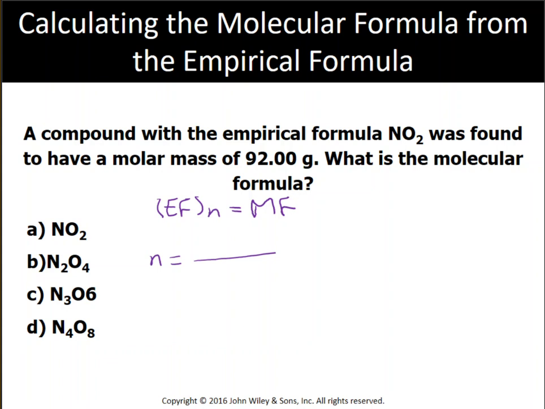N is the molar mass, which is 92 grams, divided by empirical formula mass, which is the mass of one nitrogen plus 2 oxygens.